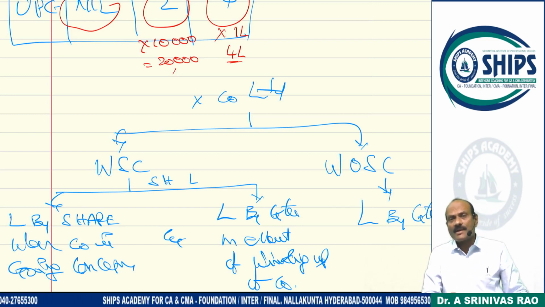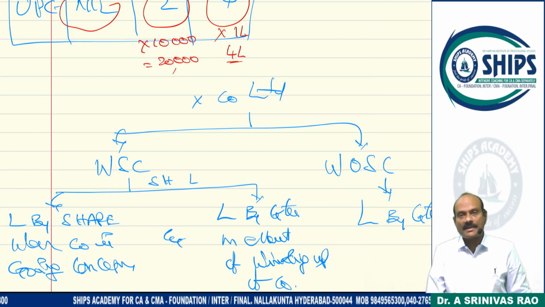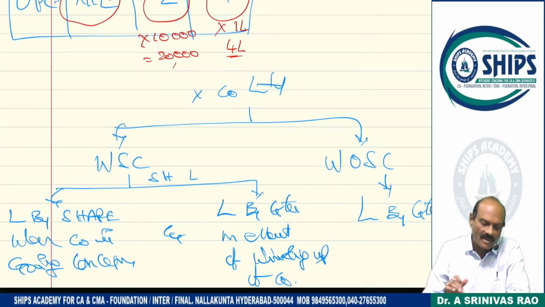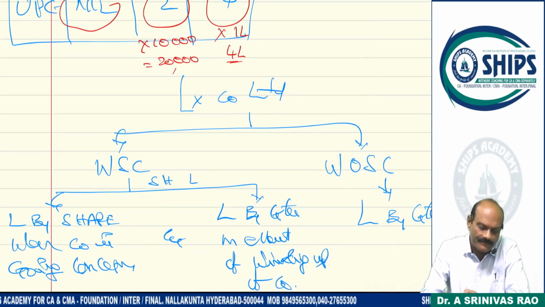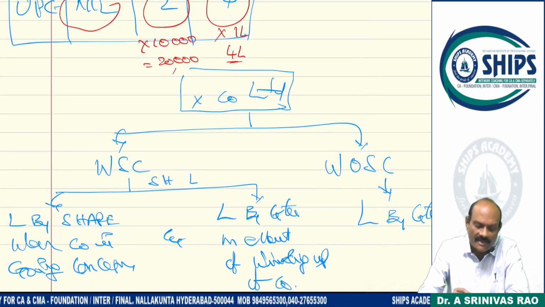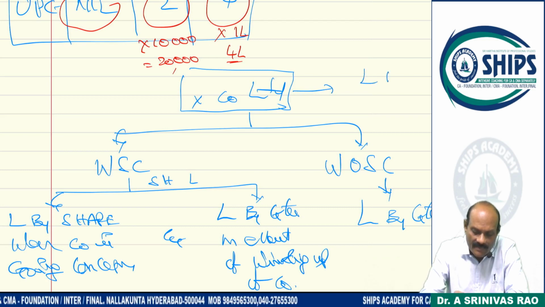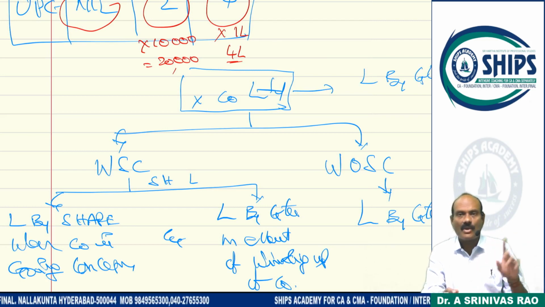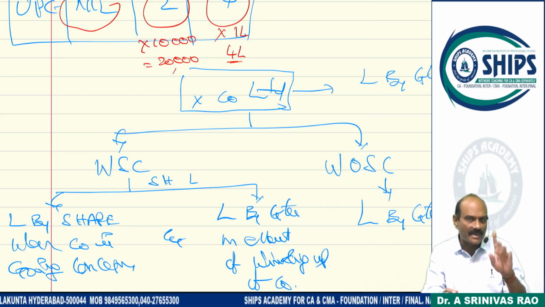Here itself we are covering the types of company, one point also. Two types of companies we are covering here. Notice, X company limited, the shareholders' liability here is limited by guarantee. What is limited by guarantee? Amount of guarantee given over the assets of a company.